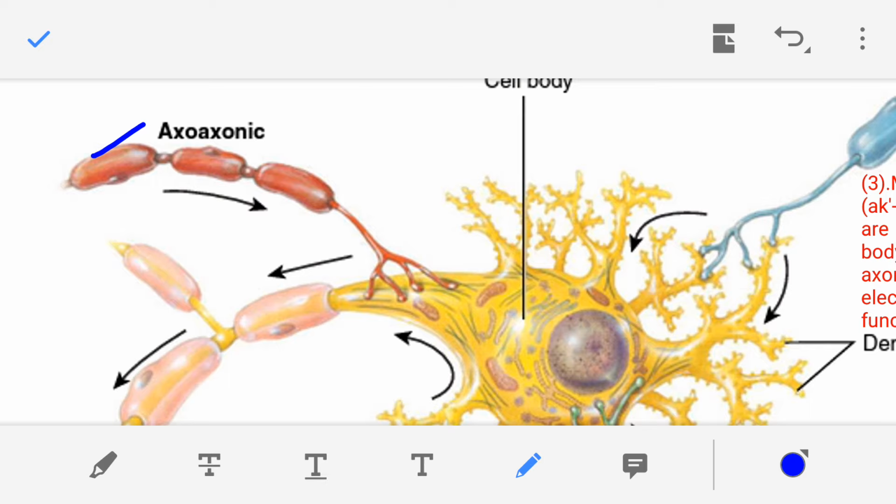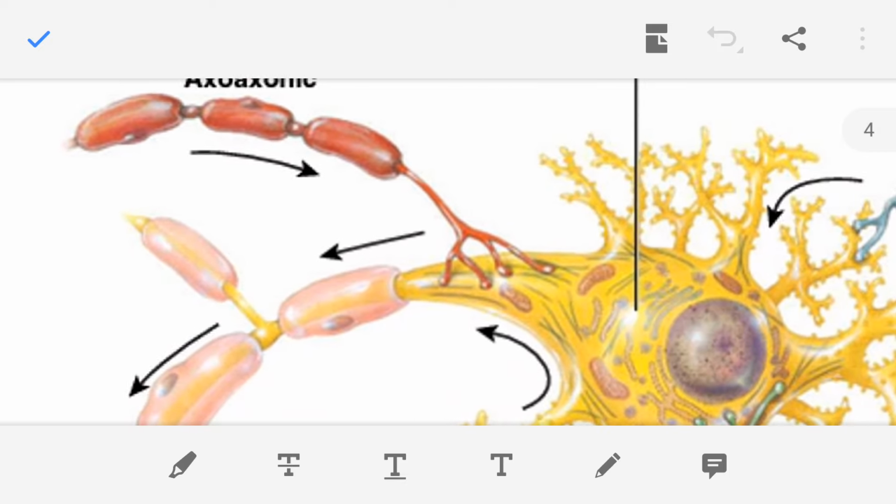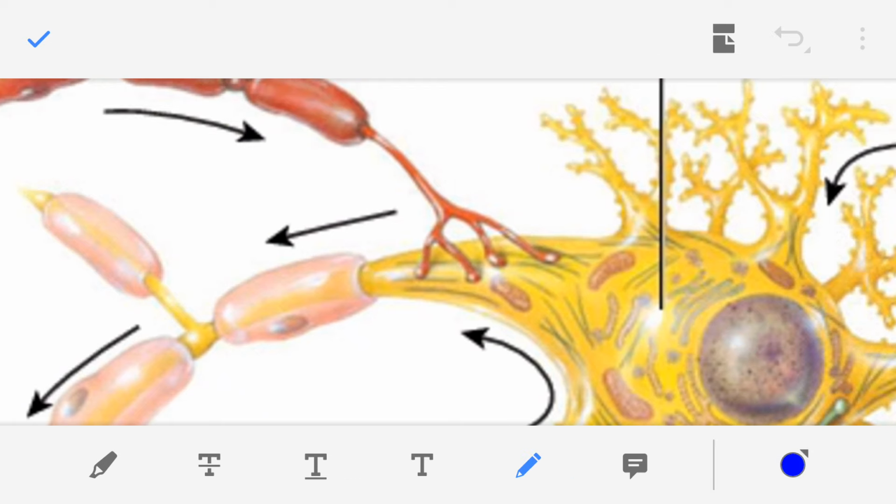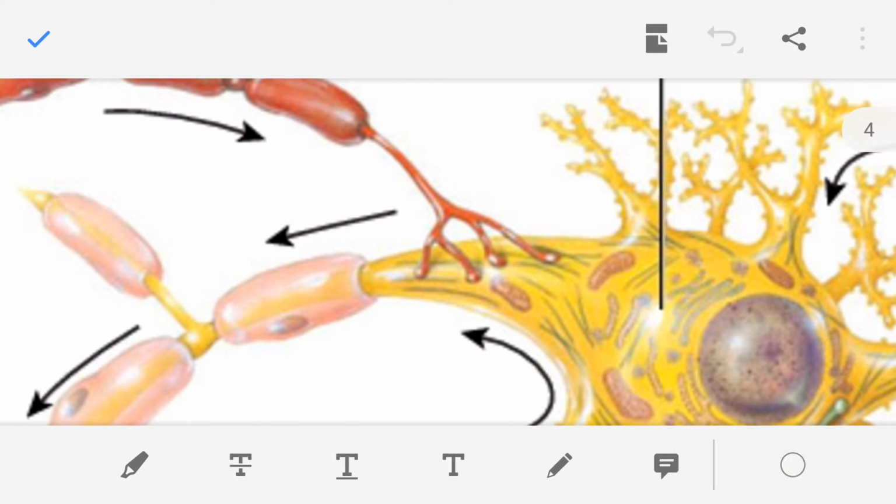And the third type of synapse is exoaxonic. In exoaxonic, synapses are formed between axon and axon. So see, this is the axon of the presynaptic neuron. These are all axon terminals. Then these are the synaptic end bulbs.